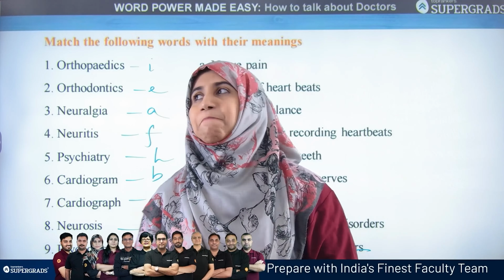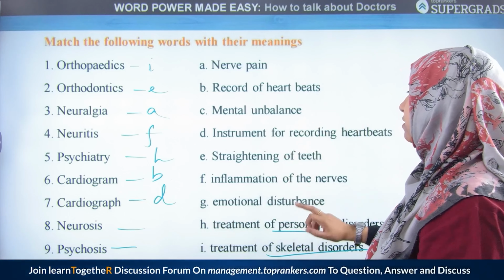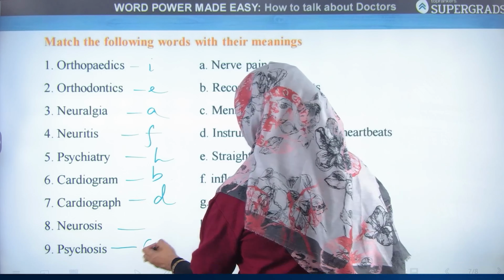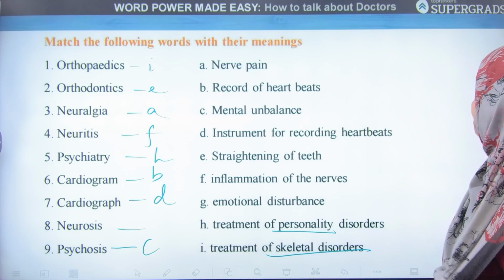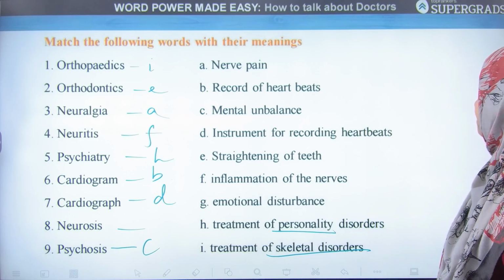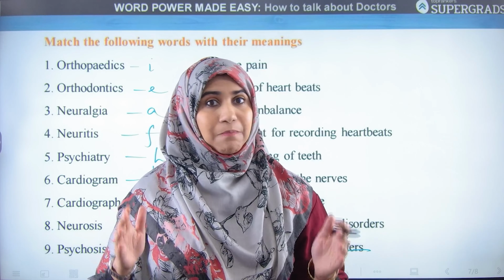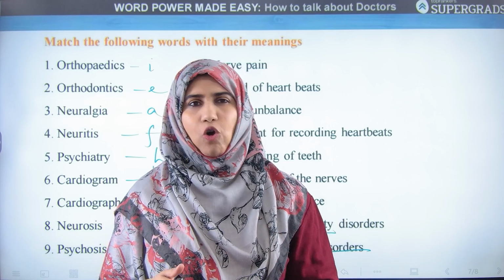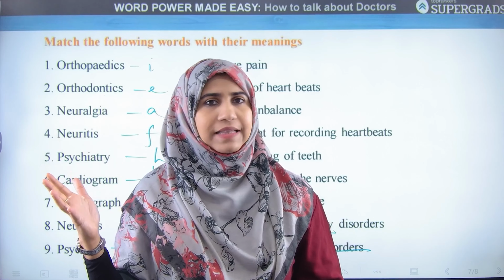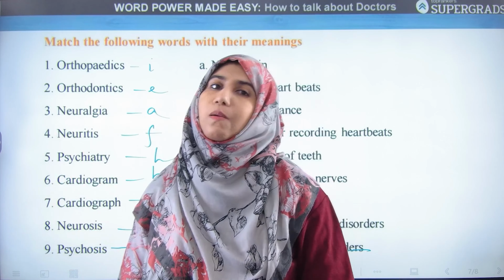Hence, this is a very major disease or a mental illness that I've explained in detail. Mental unbalance would be befitting here. Neurosis, emotional disturbance. Neurosis would be simply emotional disturbance. But as I told you, when you're almost about to be deranged completely, that is when you're suffering from psychosis.